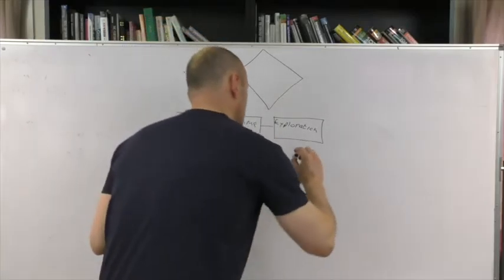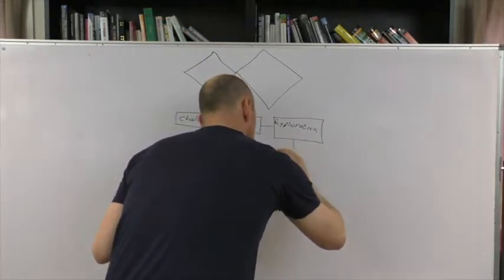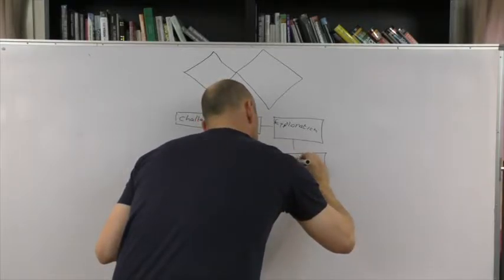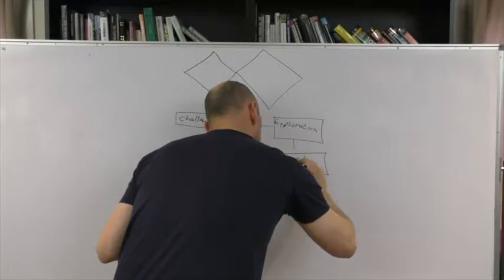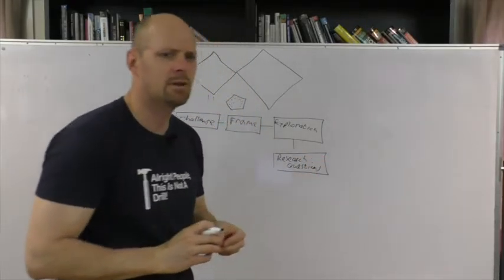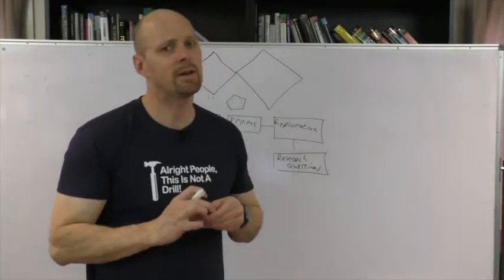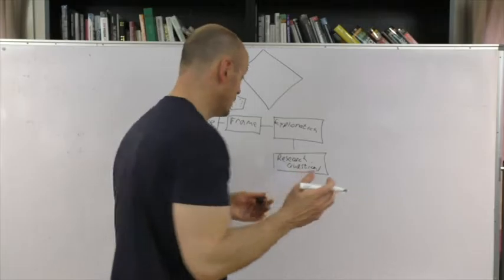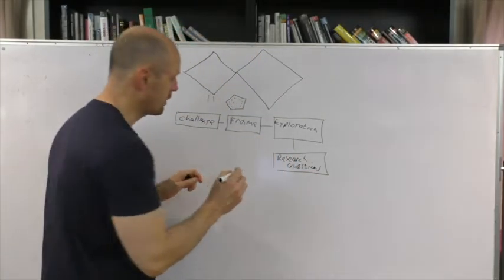So what we want to do off the back of this is pull together a series of research questions. And off the back of those research questions, we want to figure out who we're actually going to ask and what tools we're going to use to respond to those questions.